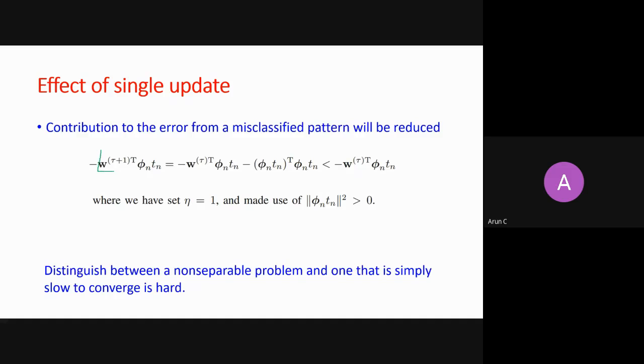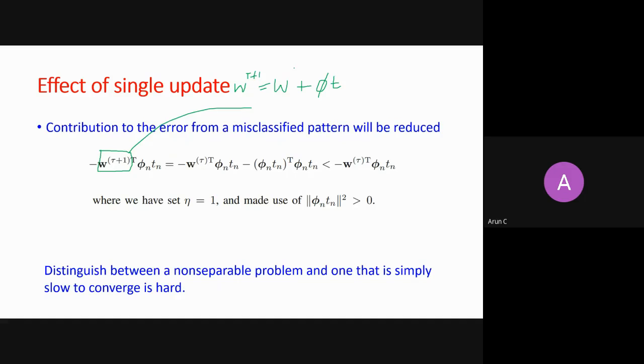So this is your updated W, right? The updated W can be written how? It is like old W plus phi Tn. This is your equation of new W equals old W plus phi Tn.